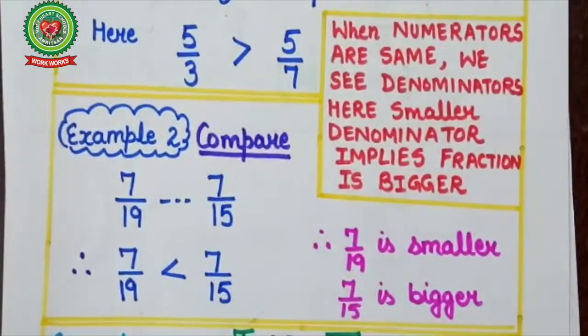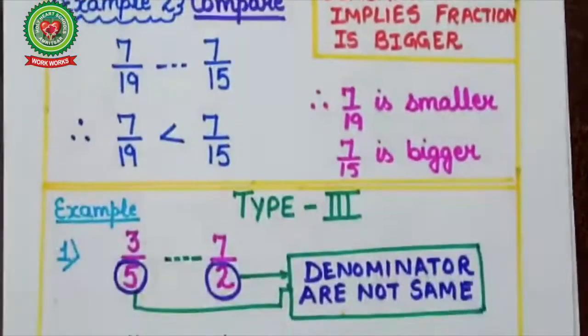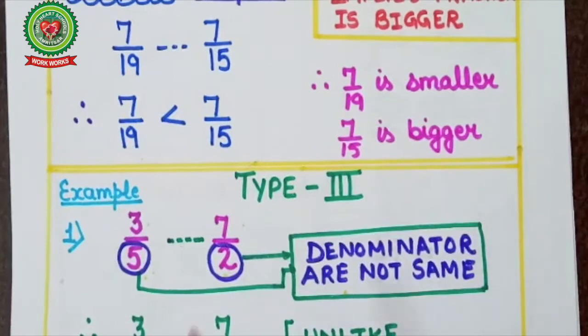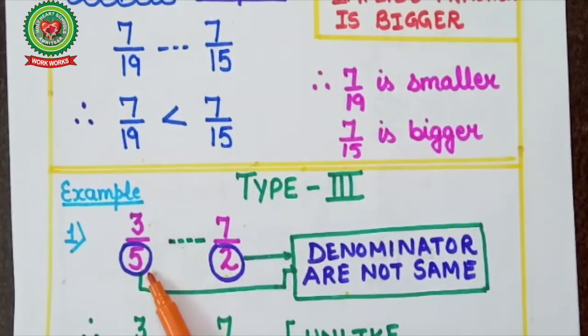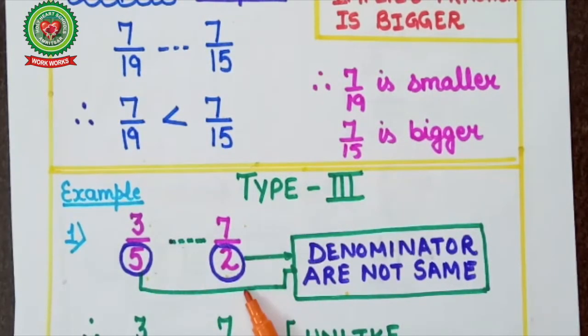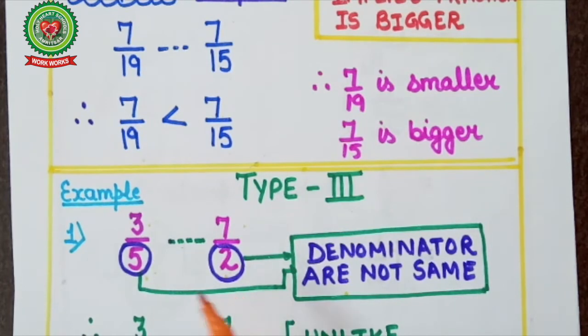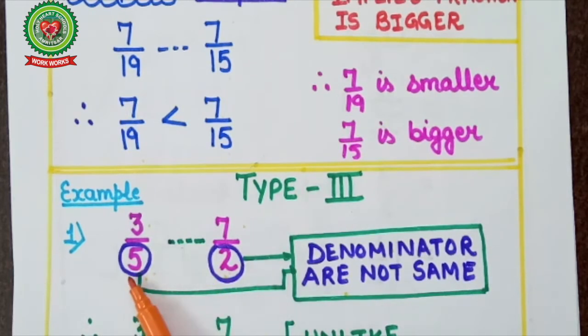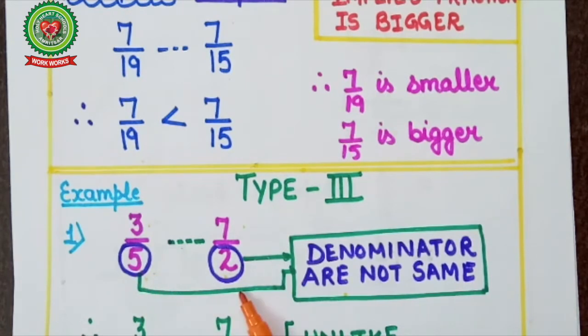Now let's see type 3. In type 3, you have to compare 3 upon 5 and 7 upon 2. Now, step 1: check the denominators. Here denominators are 5 and 2.